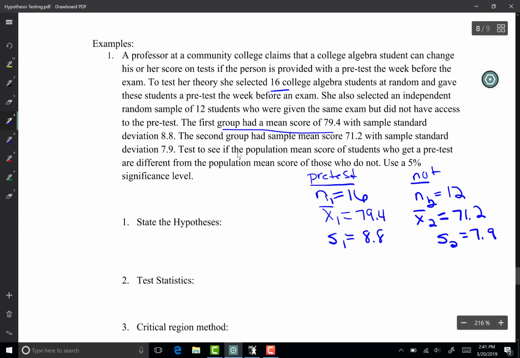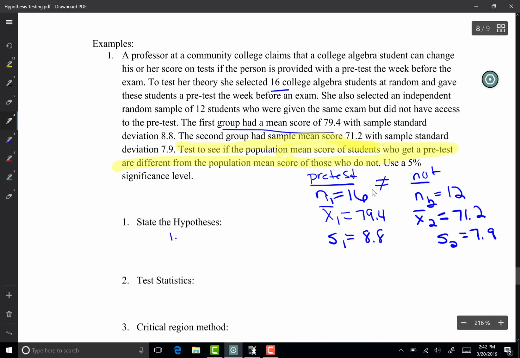Now, when we read the question here, test to see if the population mean score of students who get a pretest is different from the population mean of those who don't. So really what we're testing is if it's different, which is just not equal to. But if we're testing if one's larger than the other, it's easier to write them beside each other and then point to the one that's going to be smaller. But not equal to is just a little bit easier here.